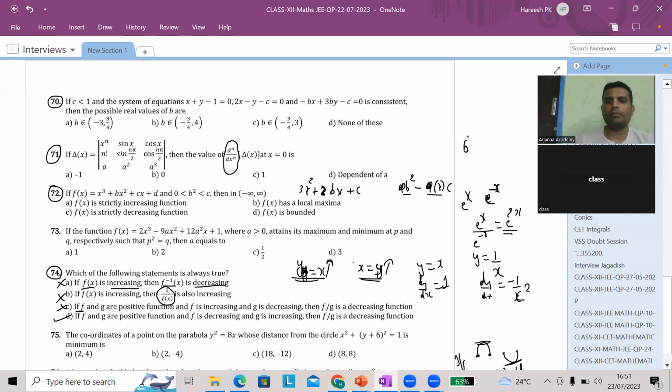I know that b square is less than c, meaning b square minus c is less than 0. If b square minus c is less than 0, what do you think about b square minus 3c? Will it be less or more?